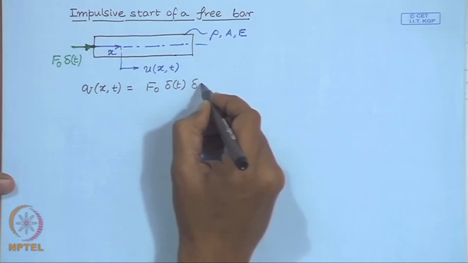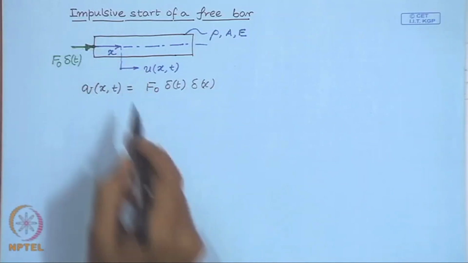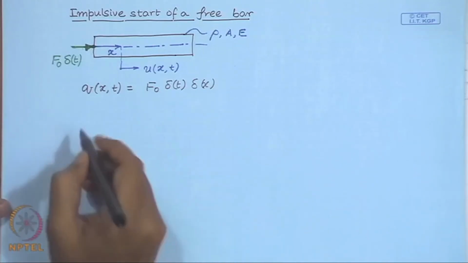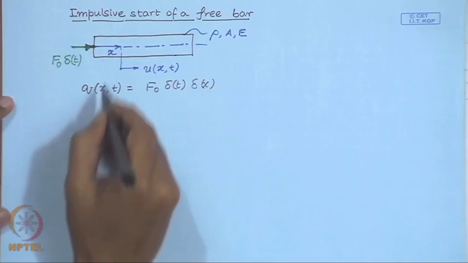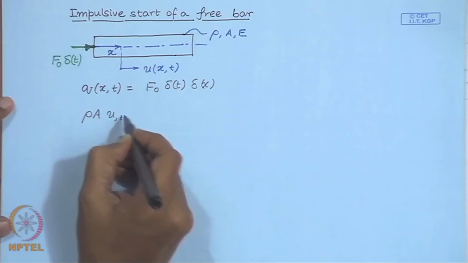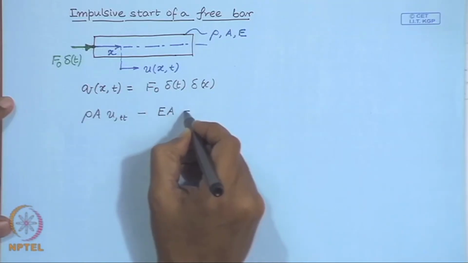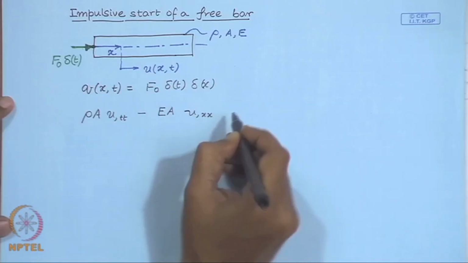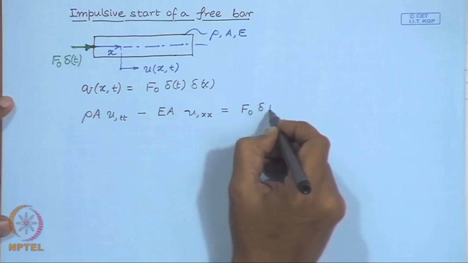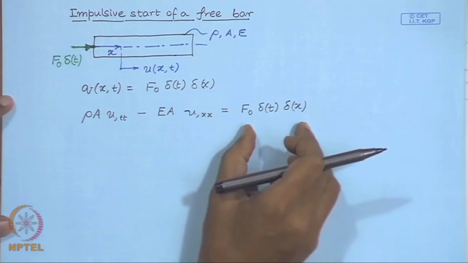It is an impulsive force applied at x equal to 0, the way we have considered our coordinate system. So, we have this force. Our equation of motion for this bar reads as follows, and this is the forcing.